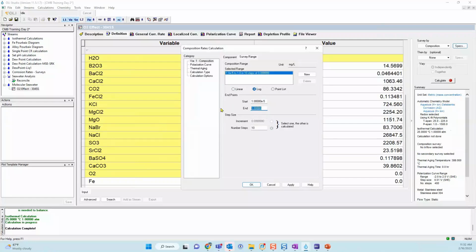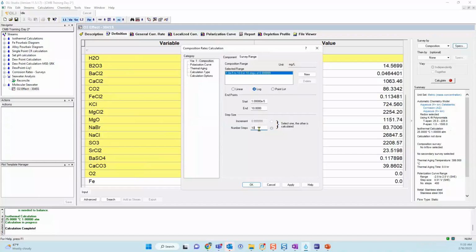The oxygen value when you dissolve it in water is like 8 ppm, but we can just go a little higher and say this is 10 milligrams per liter. Okay, number of steps 10. In this case it only allows you to put the number of steps.